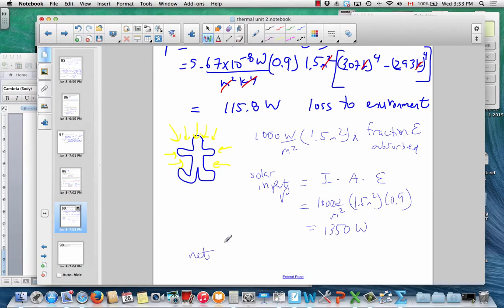So the net, when they're in the sun, is going to be 1350 that's absorbed minus the 115.8 that's actually being radiated to the environment. So there's about 1234 watts absorbed, and this student's going to be heating up if they're out there on a sunny day.